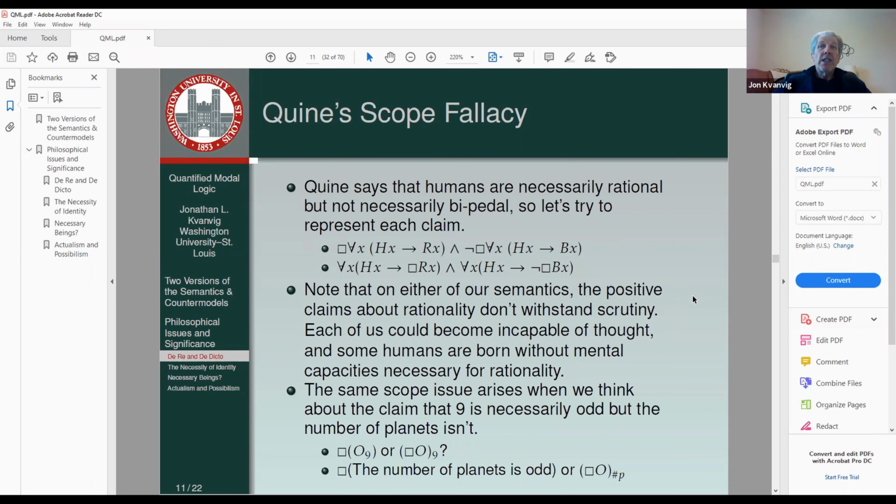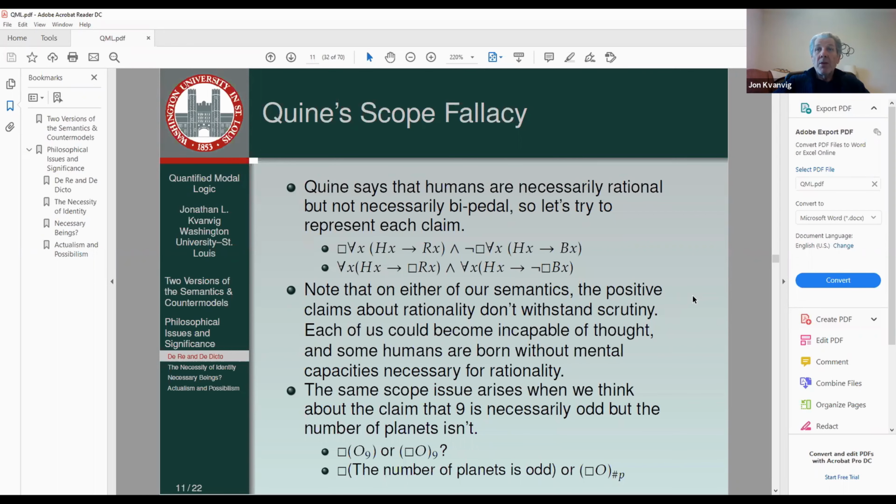Now, I think the reason you're tempted to say that is because you may be tempted to think that any human being is essentially a human being. That if you're a human being, you could not exist in any world and fail to be a human being. If that's true, then embracing the de dicto reading of the sentence will commit you to the de re reading as well.